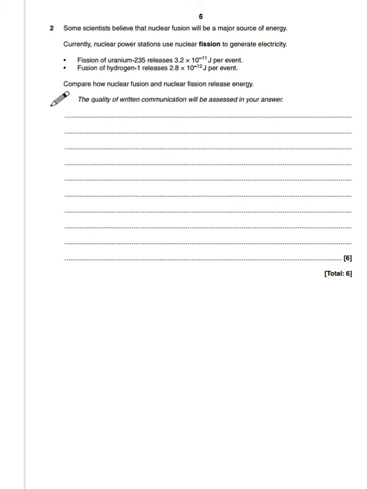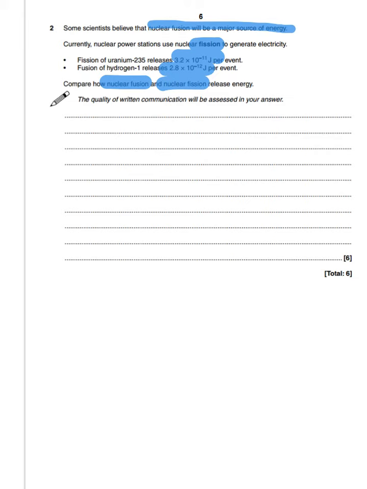Some scientists believe that nuclear fusion will be a major source of energy. Currently, nuclear power stations use nuclear fission to generate electricity, and then it's got a comparison of the energy released per event, and it wants you to compare how nuclear fusion and nuclear fission release energy.